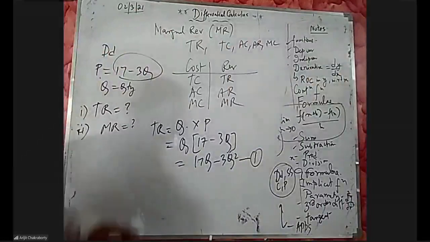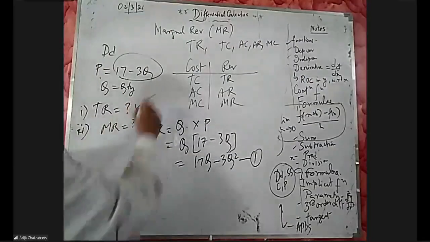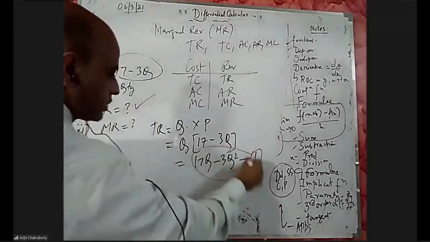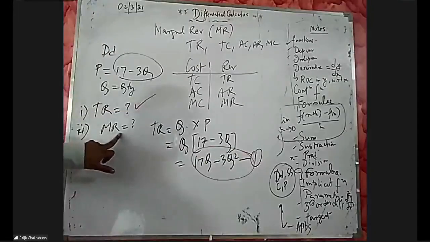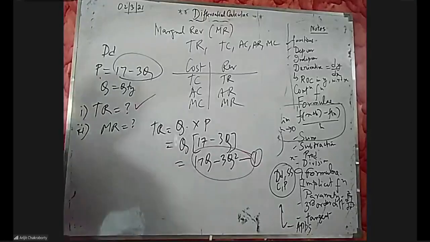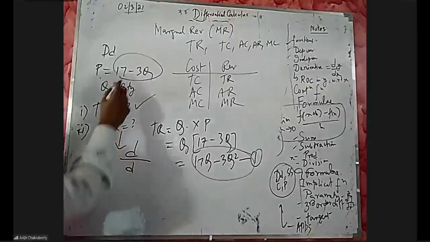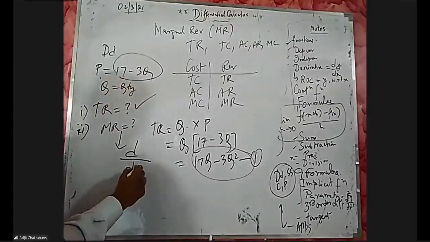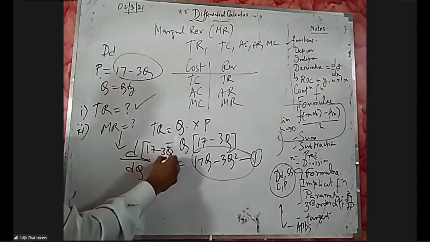The second question is we have to find marginal revenue. So the first question we have solved. The answer is 17Q minus 3Q square. The second question is marginal revenue we have to find out. How to find the marginal revenue? Marginal revenue we can find just by dR by dQ.